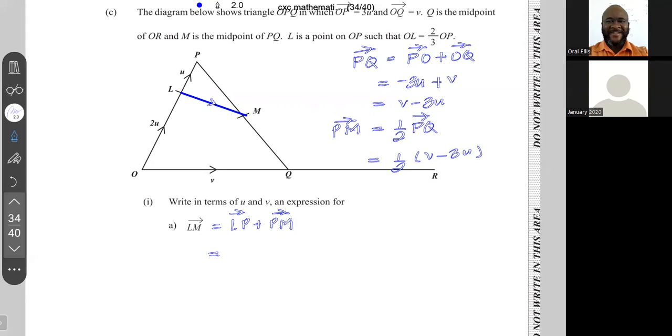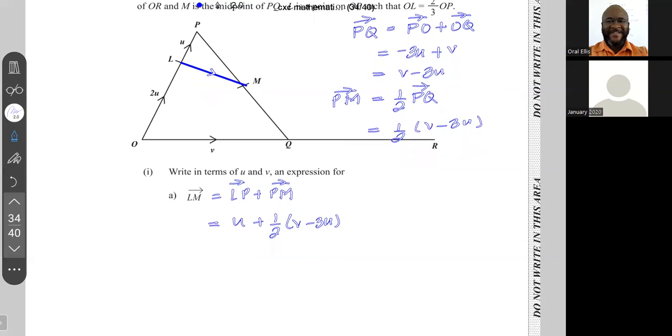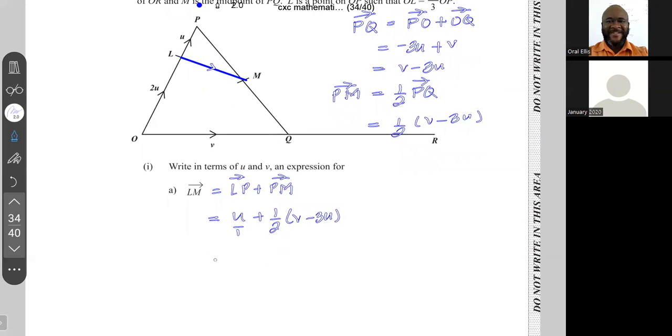So LM is LP, which is U, plus PM, which is 1/2 of V minus 3U. Let's make this simpler because we can. LCM is 2. 1 into 2 is 2. 2 times U is 2U.